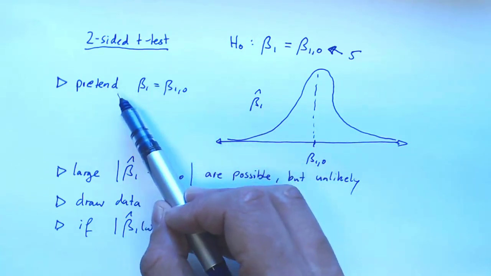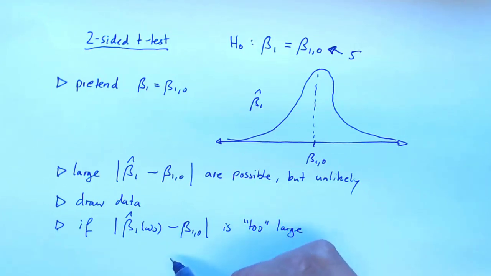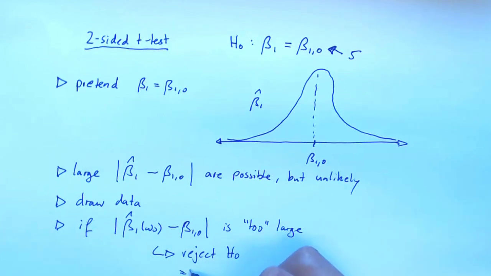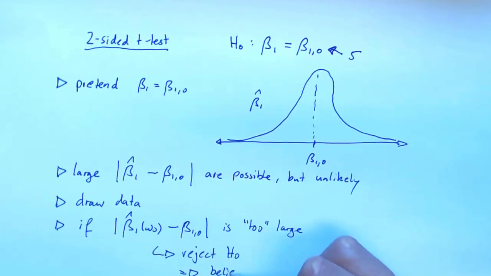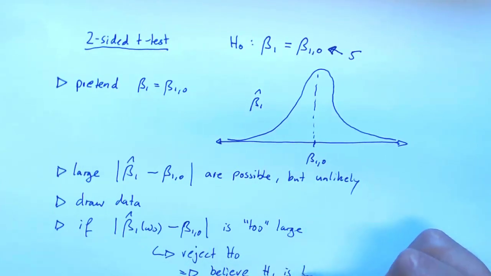Given that we believe this, we don't really believe that this should realize to be a very large value. So this is evidence that our null hypothesis is not actually true. So we would go ahead and reject the null hypothesis, and in turn we start believing that the alternative is true.